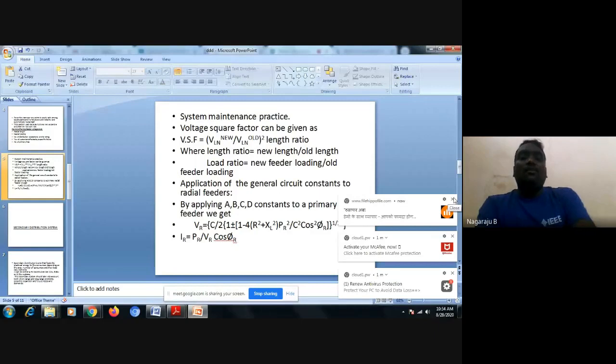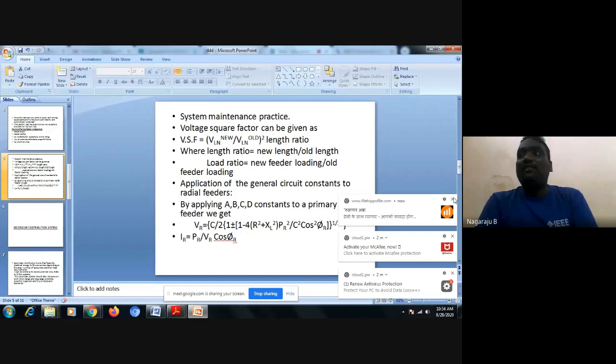It is the ratio between the square of the new line-to-neutral voltage level and the square of the old line-to-neutral voltage level.